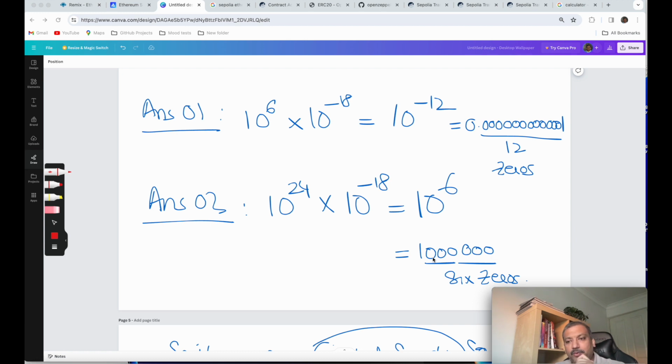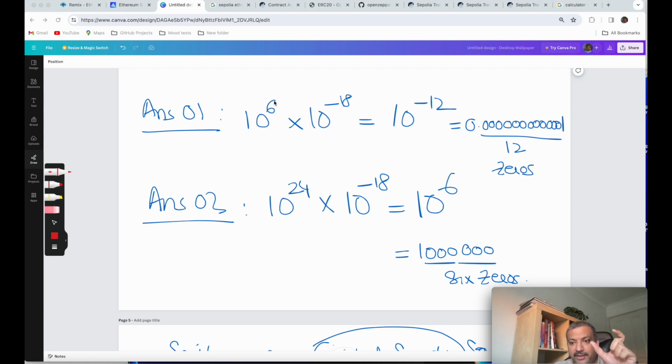Now, the important concept to understand is that if you gave your initial token supply in the ERC20 smart contract that we just deployed, at the time of deployment, inside that input box, if you gave the initial total supply as 10 to the power 6, which is essentially 1 and 6 zeros, that actually gets multiplied by 10 to the power minus 18. I'll come in a moment to where this minus 18 comes from, but for now just understand where this 6 is coming from.